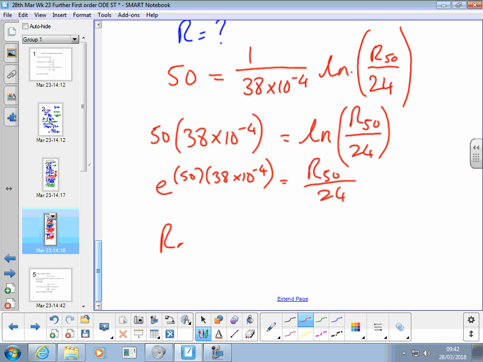So R at 50 is equal to 24 e to the power of 50 times 38 times 10 to the minus 4.